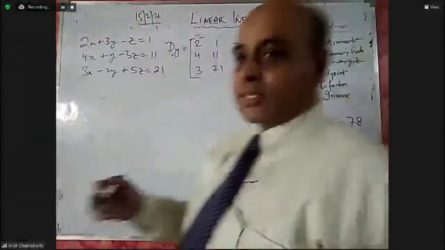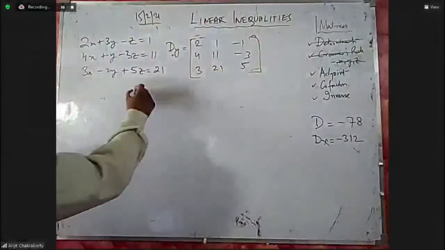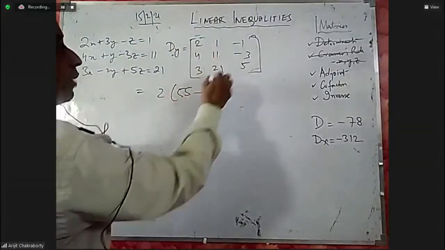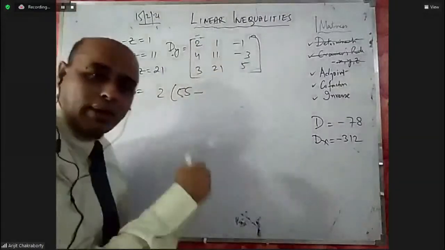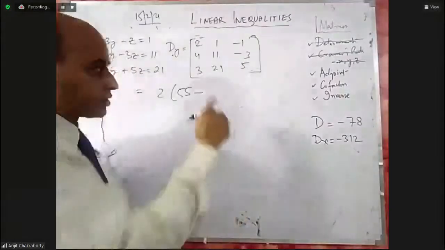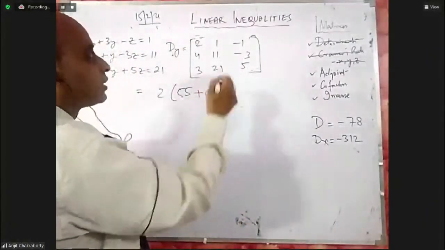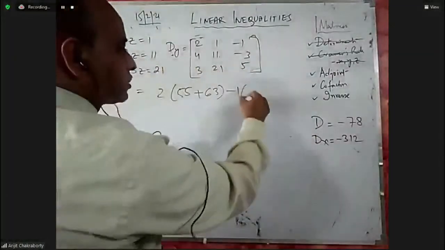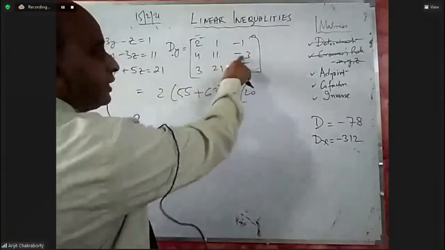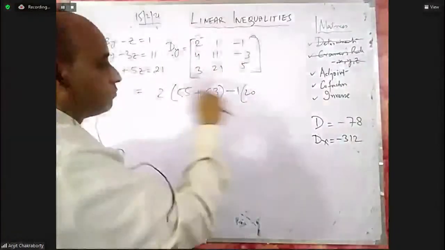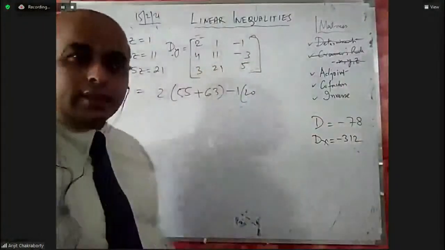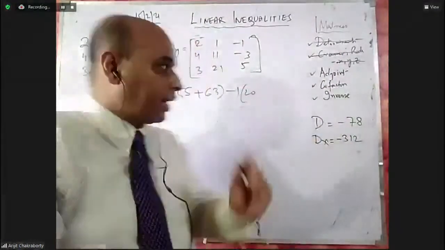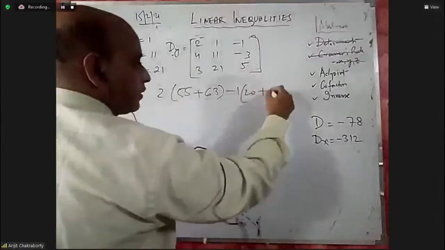Okay, so let's work this out. This is 2 into 11 into 5, that is 55, minus 21 into -3, minus of minus, so it becomes plus 63. Then -1, -1, 4 into 5, that is 20, -3 into -3 is -9, so minus of -9 becomes +9.